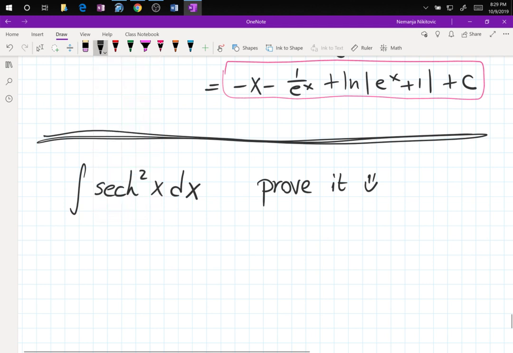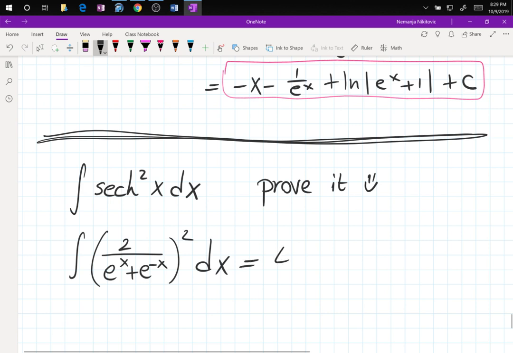So you see, you can write this beautifully as 2 divided by e to the x plus e to the minus x, everything squared dx. Then you can kick 4 outside and have your dx over e to the x plus e to the minus x, everything squared.